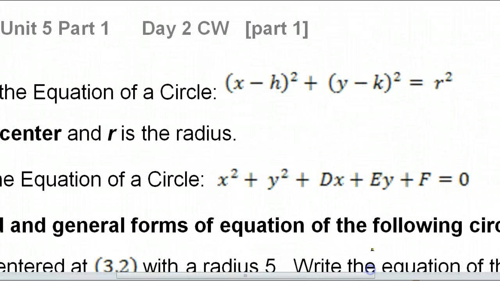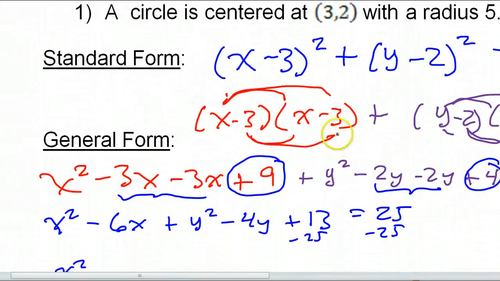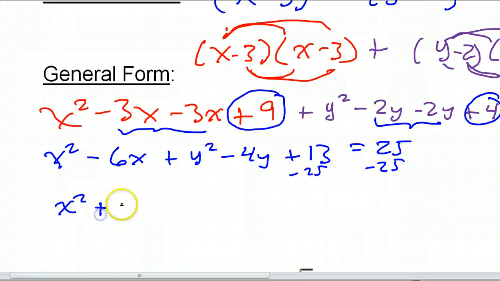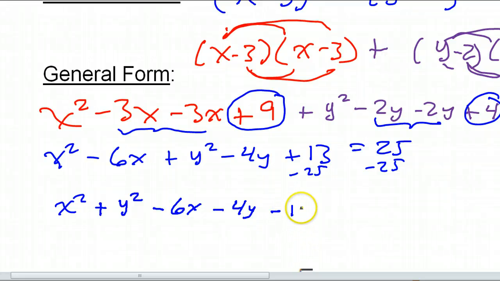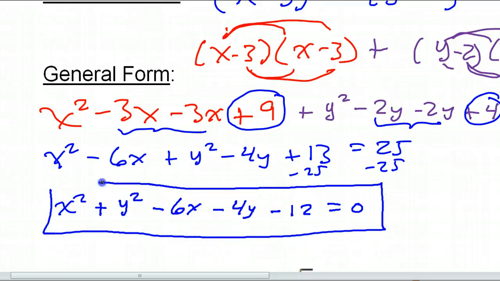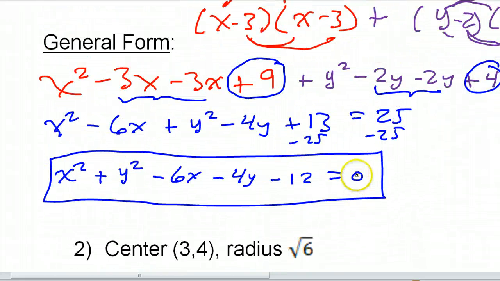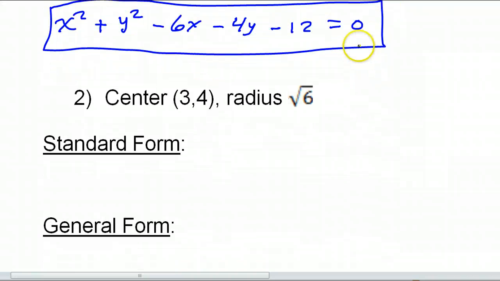And then I have the x, and then I have the y. So I'm going to write everything in that order. So I will have x squared plus y squared, and then minus 6x, and then minus 4y, and then negative 12 equals 0. So this would be my general form. Okay? And you'll have time to practice that later.